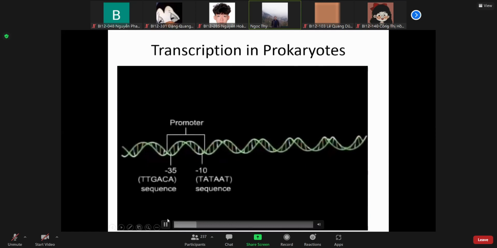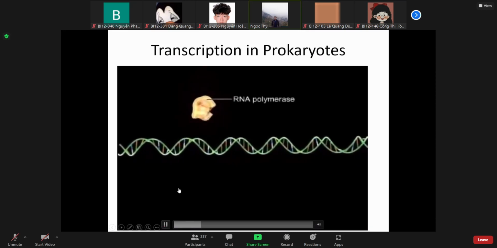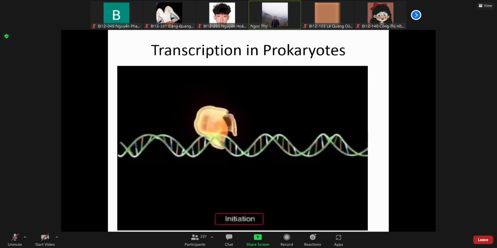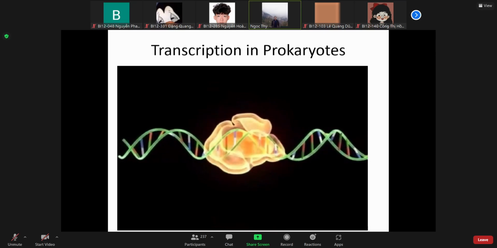These are the two typical regions that the transcription factor recognizes in the promoter: the -10 region with the typical TATAAT sequence, and the -35 region with the TTGACA sequence. Okay, so the transcription factor binds in.